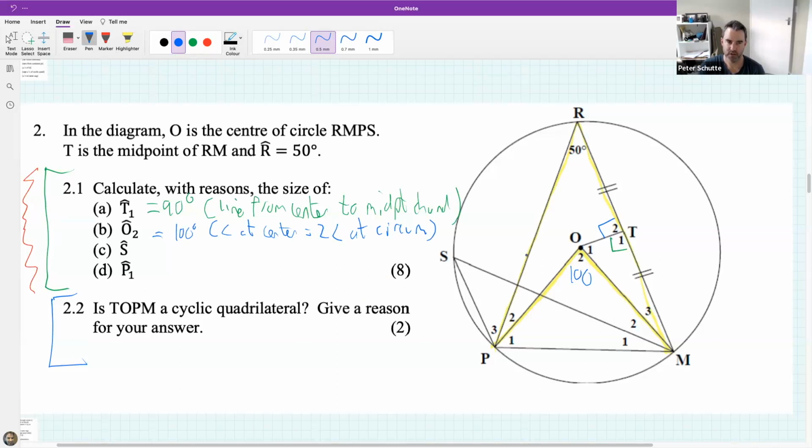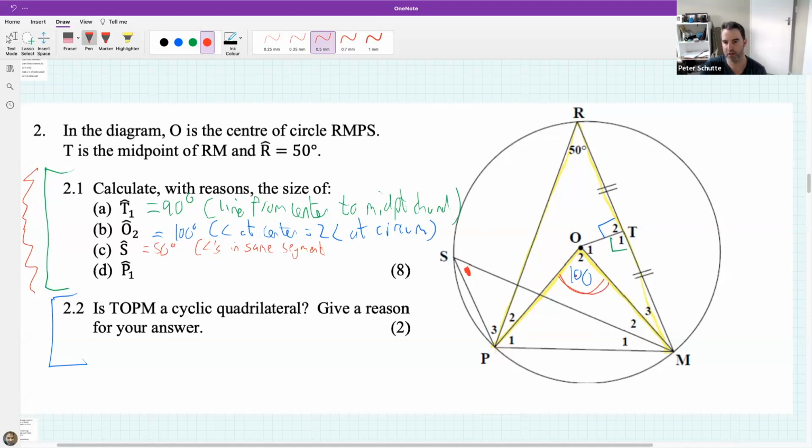Now the question is, what is S? There's actually two ways that I can see we can do S, but I suspect most of you are going to say S is 50 because you can see that angles in the same segment. And you can kind of see the butterfly there. Or you could say angle at the center is 100.